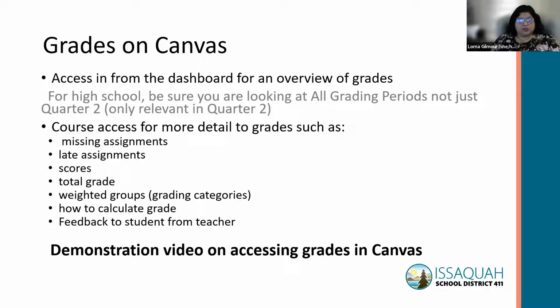For high school, we want to remind all parents again that in the second quarter, sometime after October or something, I can't remember the date, make sure that you're looking at all grading periods and not just quarter one, because it'll default to quarter one and quarter two, and quarter two would just be that small chunk of quarter two.